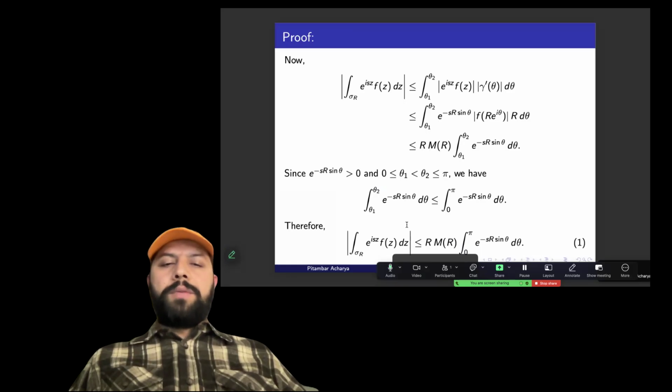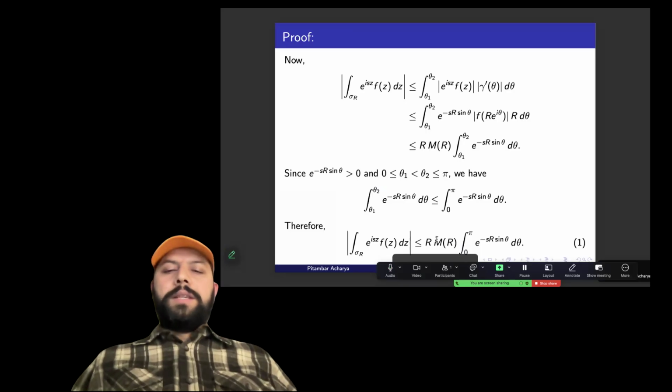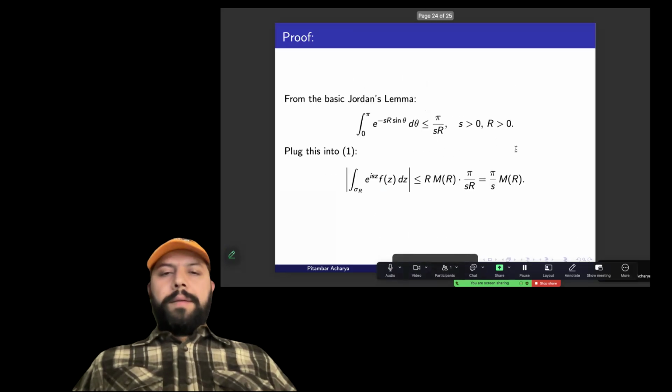So by taking the absolute value sign, we get this inequality 1. We use the triangle inequality and the above calculation here.